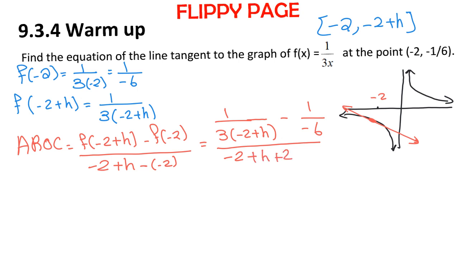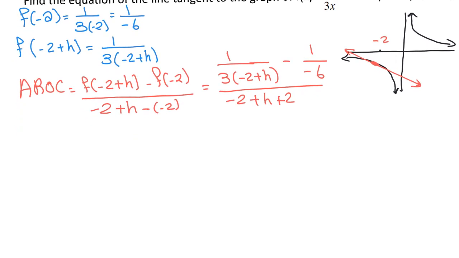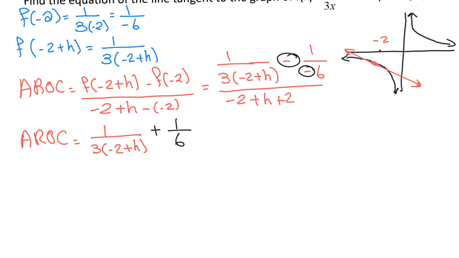Simplifying further, your average rate of change is equal to 1 over 3 times -2 plus h. The negative times this negative will turn out to be a positive, so it will be 1 over 6. And it's all divided by h, because the -2 and 2 cancel out from the denominator, leaving us with just an h.